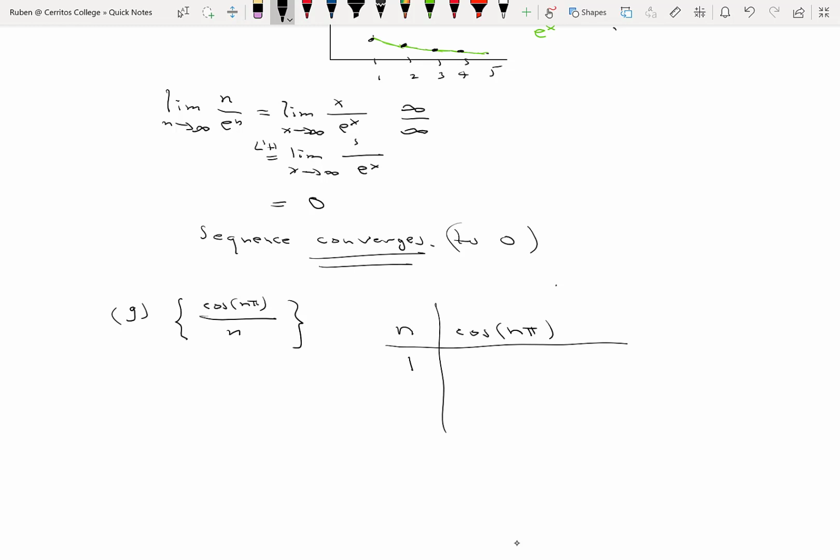If n is 1, I'm looking at the cosine of pi, which is -1. If n equals 2, I'm looking at the cosine of 2 pi, which is 1. If n equals 3, I'm looking at the cosine of 3 pi, which is -1. And this pattern continues. All the cosine of n pi represents is an expression that either equals 1 or -1, depending on whether n is even or odd.